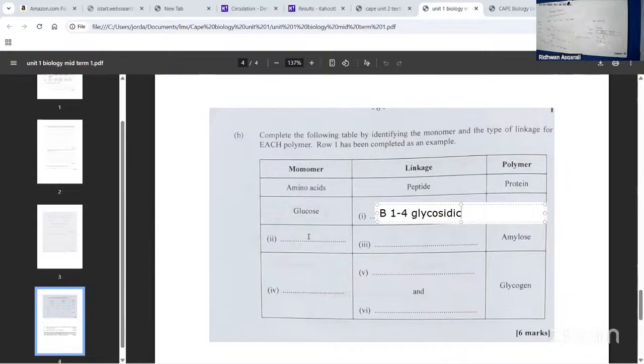All right, the next one, they give us amylose. So let's start with the monomer. What's the monomer for amylose? Alpha glucose. So A for alpha glucose.